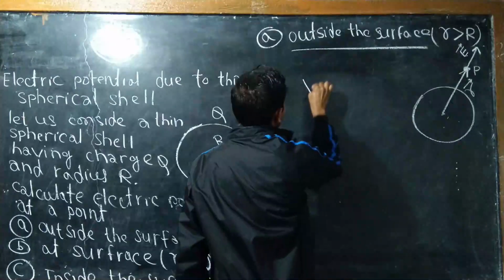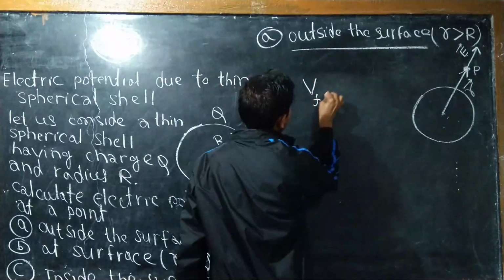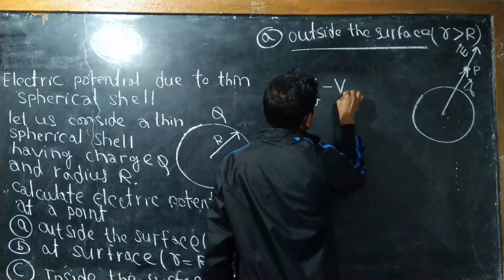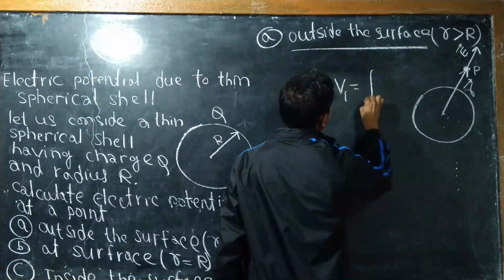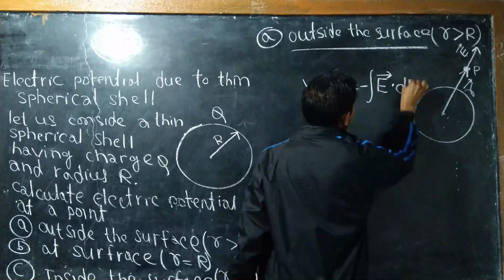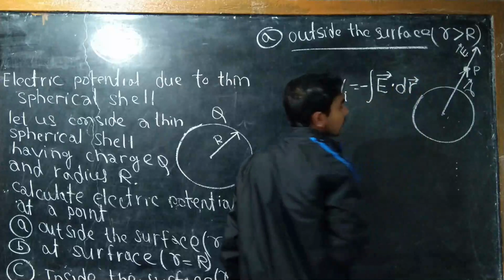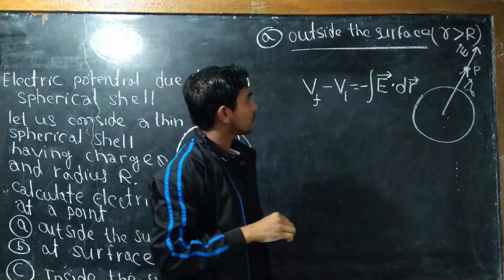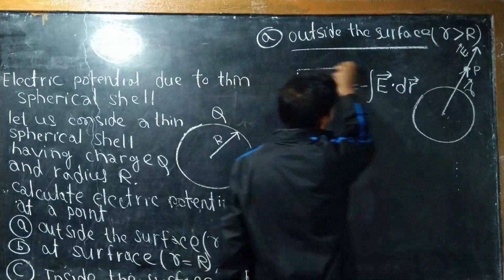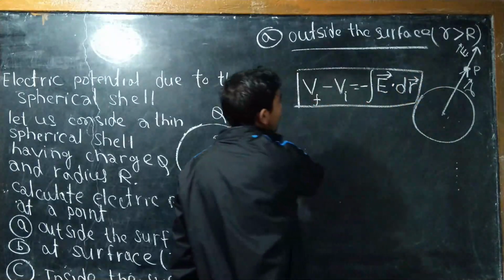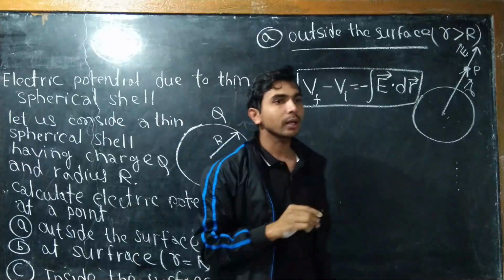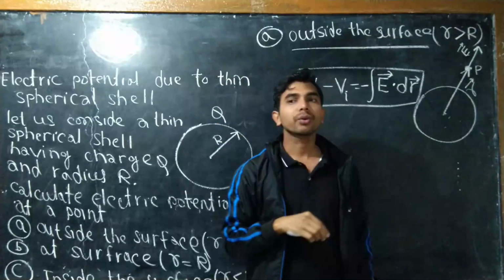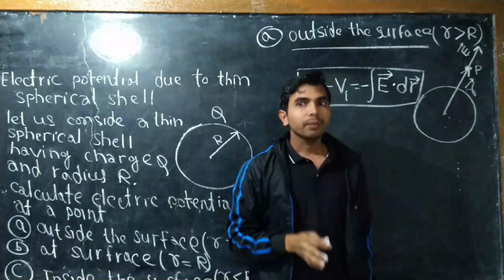V final minus V initial is minus integral of E dot dr. I hope you remember it. I am writing this formula because with its help I am going to calculate electric potential outside the spherical cell.